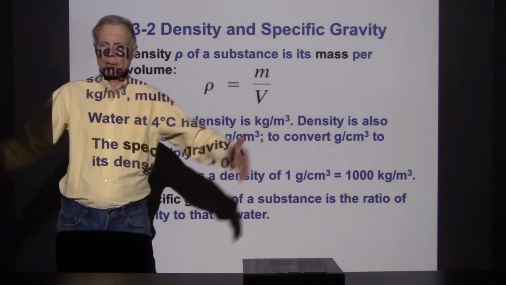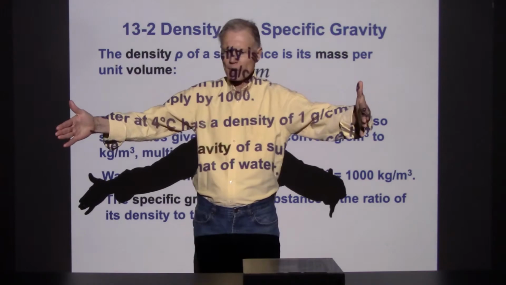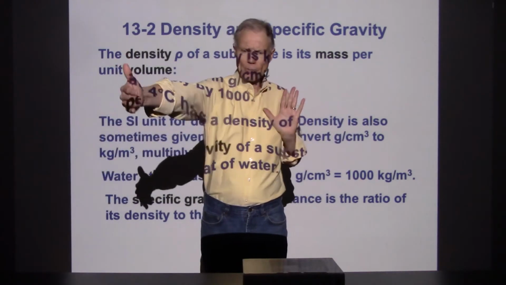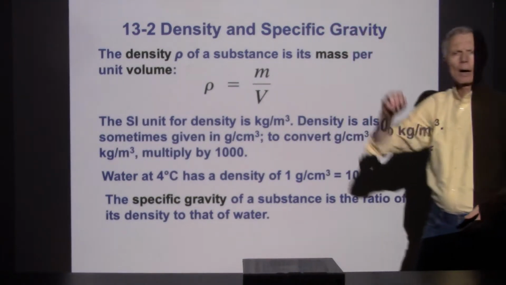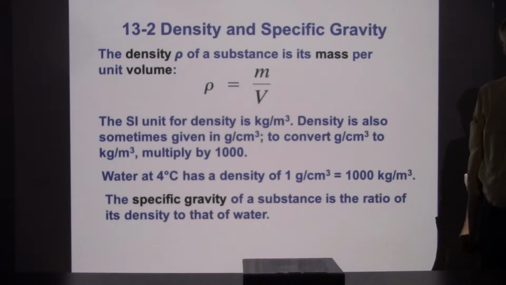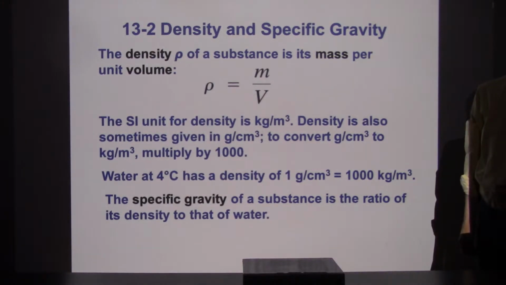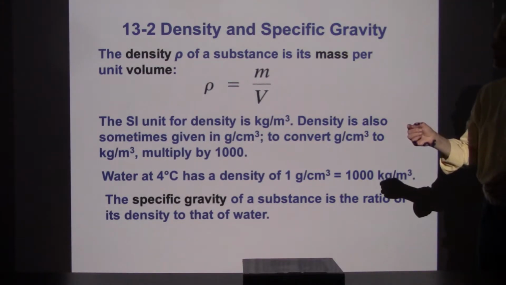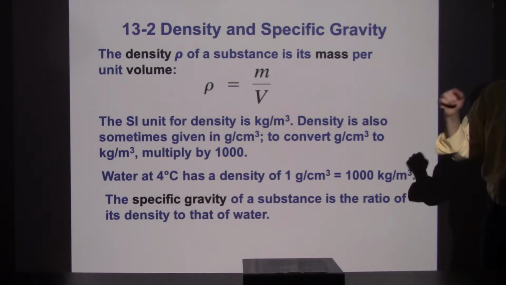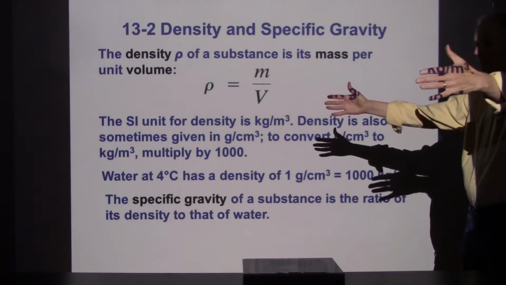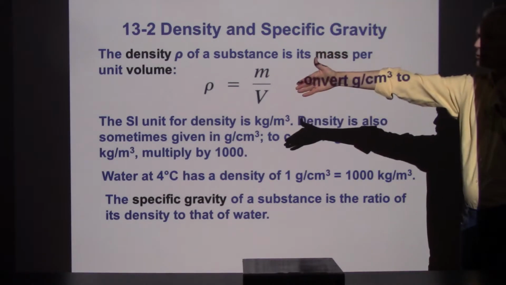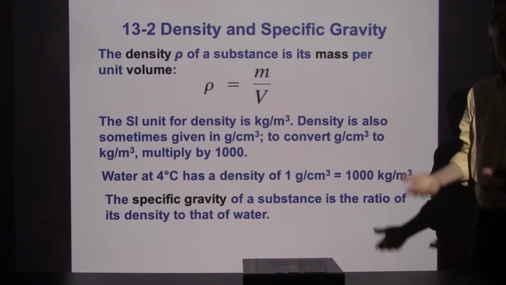Now, if I take a cubic meter of water, a cubic meter is this big by this big by this big. That's a lot. A cubic meter is 1,000,000 cubic centimeters, right? There's 1,000 cubic centimeters in a liter. There's 1,000 liters in a cubic meter. So remind yourself, a cubic meter is big.